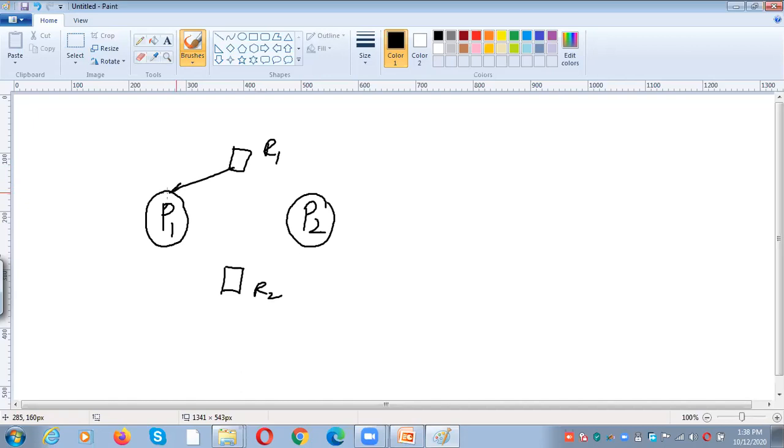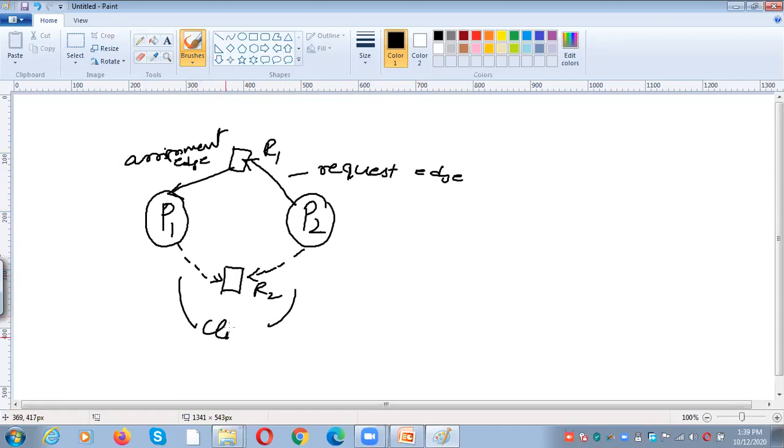Initially R1 is assigned to P1, so this is an assignment edge, and P2 is requesting R1, so this is a request edge. And then coming to R2, initially P1 and P2 may request the resource R2, so these two are called claim edges. Claim edge means may request.